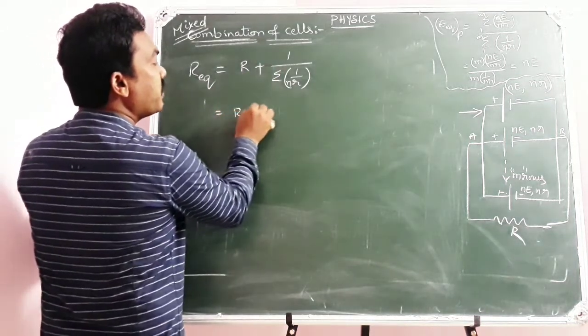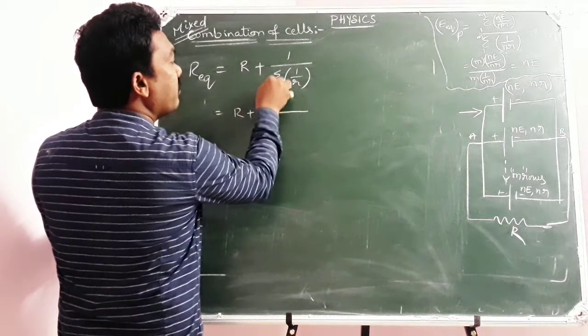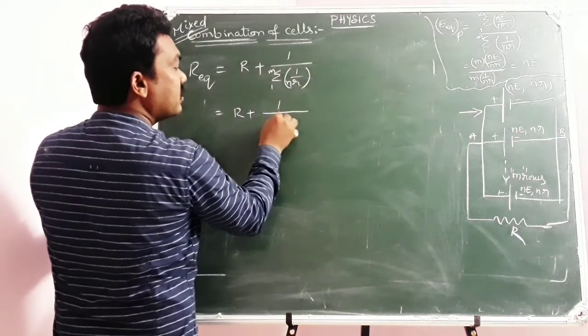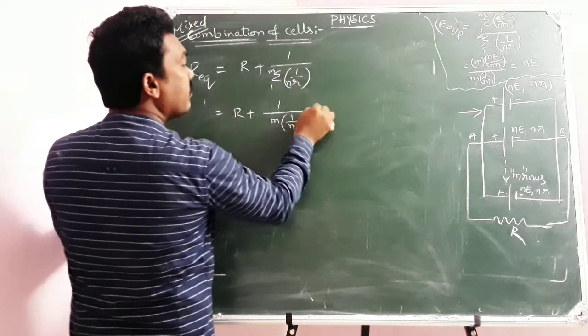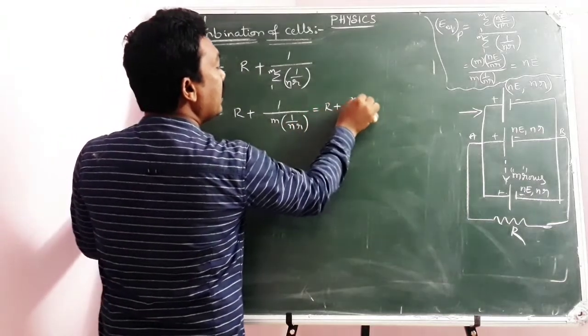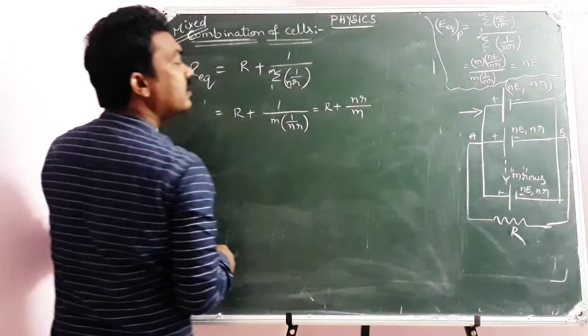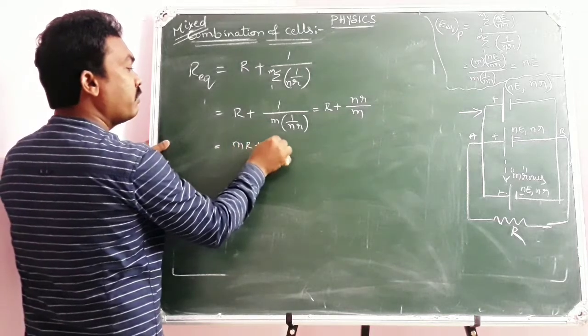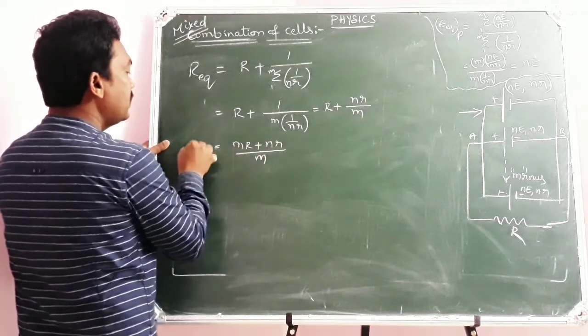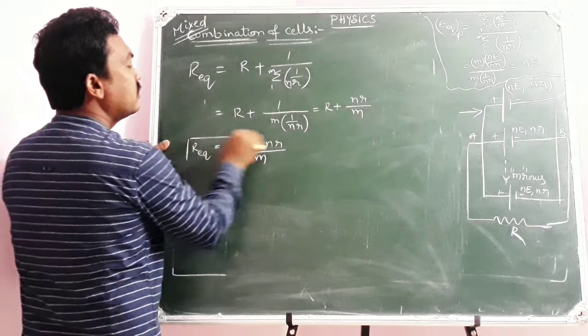This is equal to R plus 1 by sigma 1 to m, so m times of 1 by nr. So now this is going to be R plus nr by m. Now we can write it as (mR plus nr) by m is the equivalent resistance.